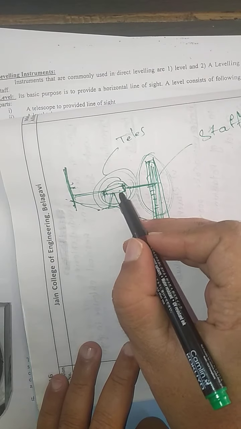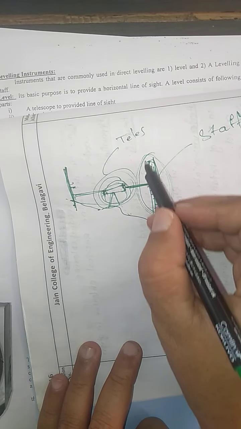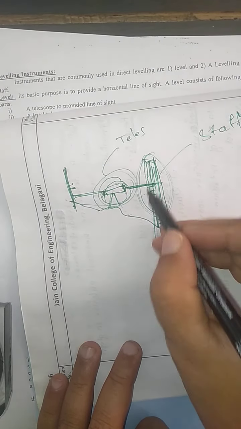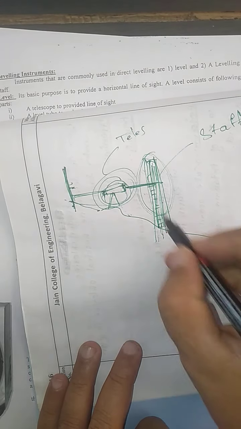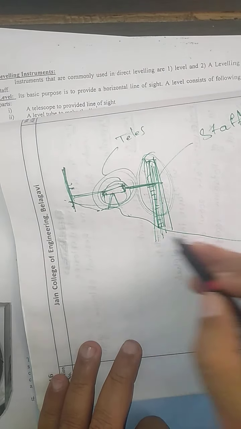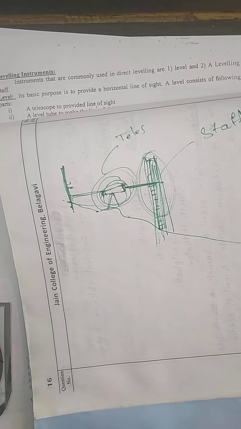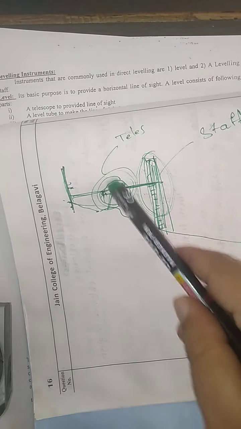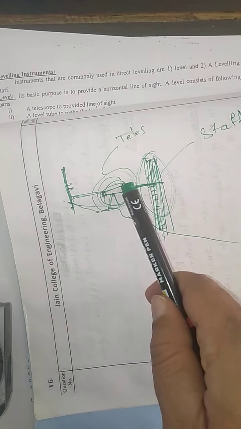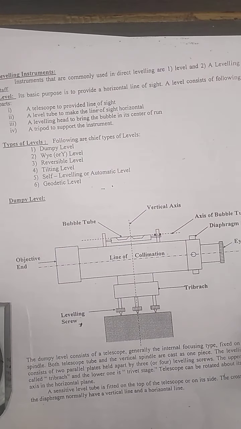Whatever the horizontal line we get, we note down the reading on the staff. So overall we are going to get the ground profile from this staff. It is going to provide the horizontal line of sight.